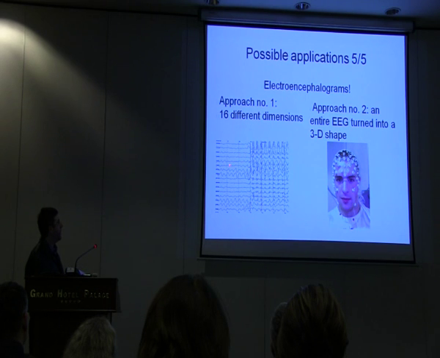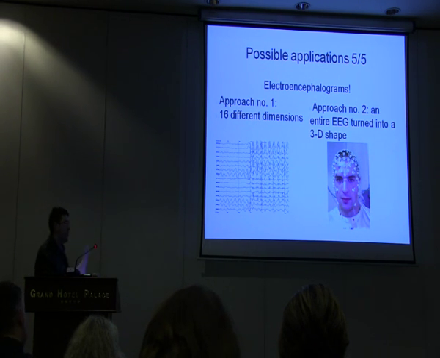One would be to take every signal as a different dimension and examine them like that. The other, which I personally find very promising, would be to take an entire 3D image of the EEG and have it as a function of time and the spatial coordinates, so as to examine all the measurements at once.